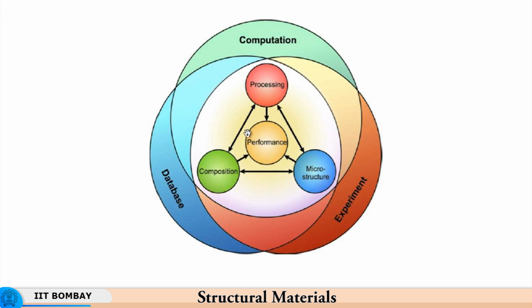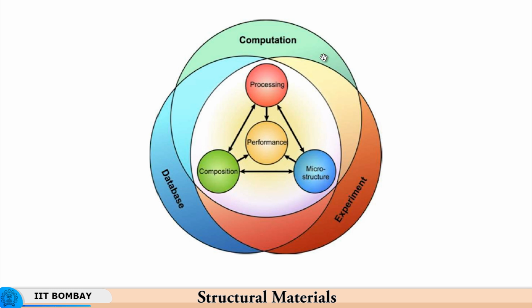And then finally, the performance is something that cannot be compromised, because performance is a specification of the product which you are trying to make. So you have three aspects to ensuring these things. One is the database about the chemical composition, the processing steps and the resultant performance.